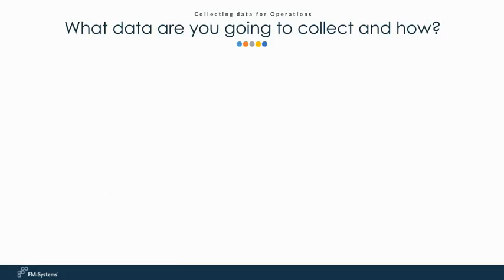Okay, so what data are you going to collect and how? I think this is one of our big lessons learned in the product, and that is to understand early on that this data doesn't magically get into your models. If you think that at the end of a design and construction project you're going to get a model that meets your facility management needs, and you were not involved early on in providing your data requirements or modeling requirements, you're going to be, I think, sorely disappointed in the model that you get, because its focus is going to be on things such as coordination, clash detection, construction documentation, and fabrication drawings, things that are really terrific.